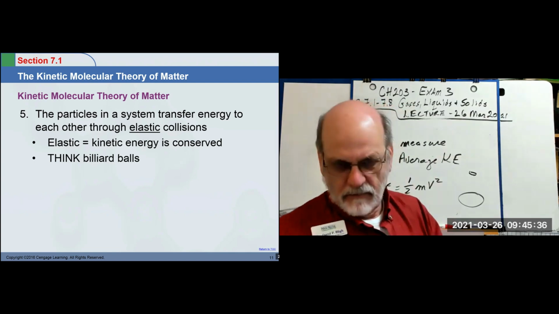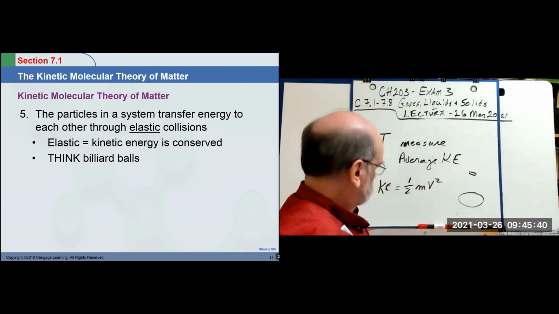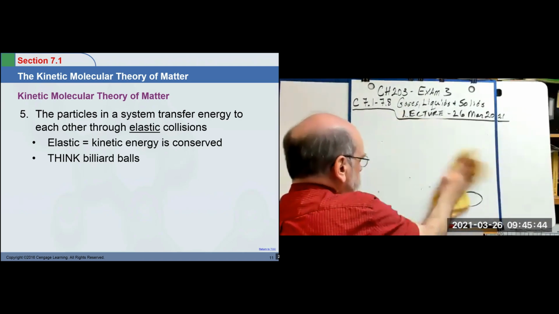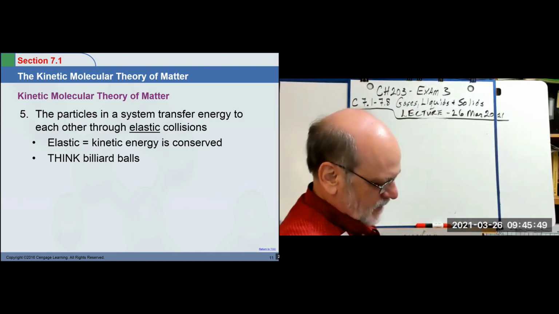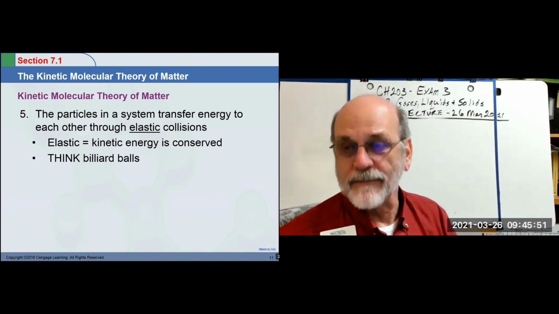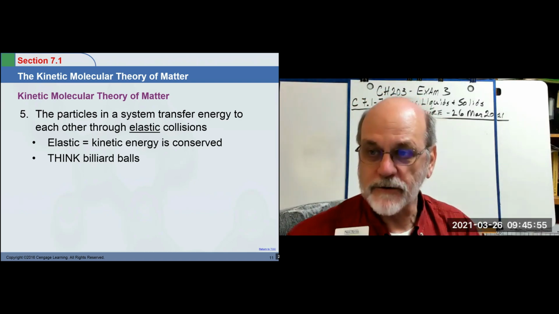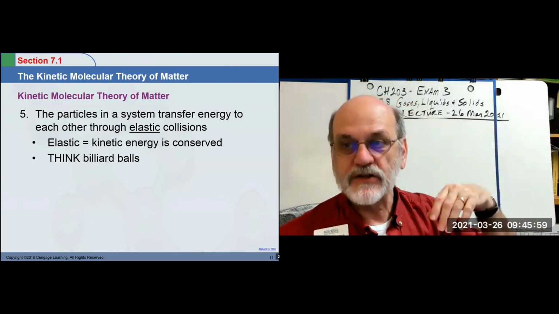Now, since we're on the topic, what would an inelastic collision be? Well, first of all, I made reference to energy transfer from height to the floor. That's positional potential energy.